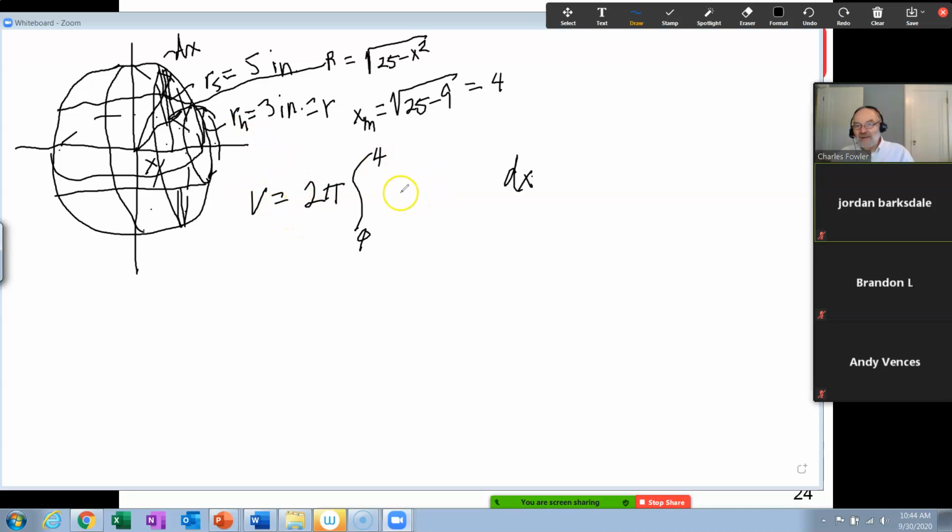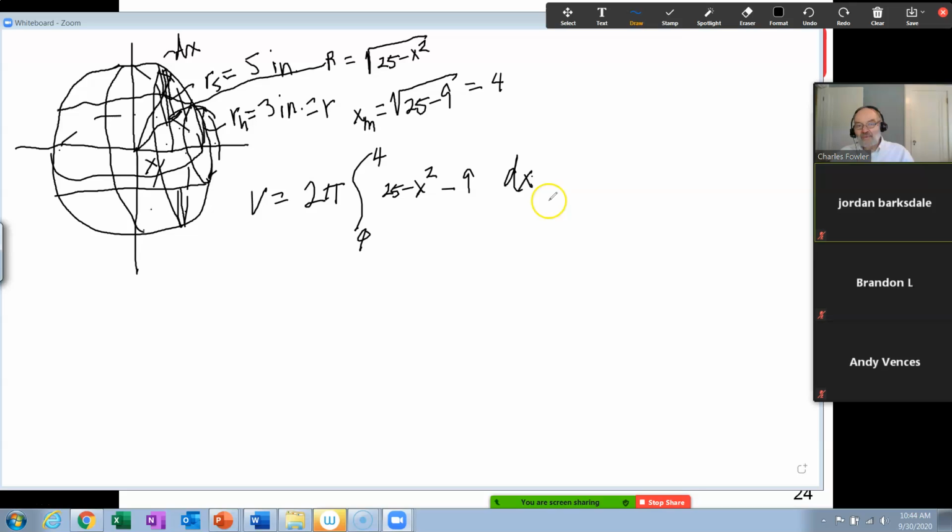And then what is your outer radius? That would be the square root of 25 minus x squared, minus, and remember the inner radius is 3, and 3 squared is 9.